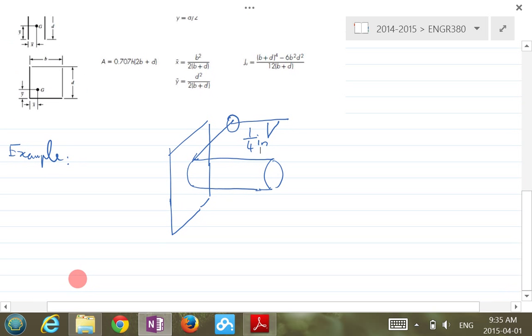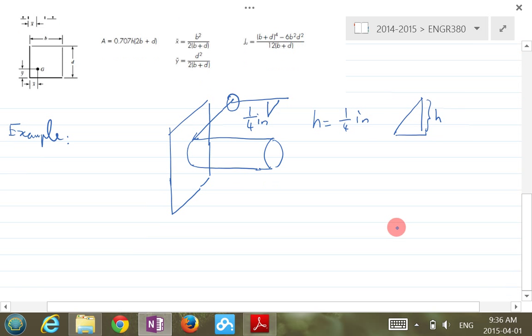So what does that mean? This symbol here basically means you're welding it all around at this location. This 1/4 inch with this triangle here, the triangle means a fillet weld. 1/4 inch basically means the h, right? Equal to 1/4 inch. So basically, it's this dimension there, the h.